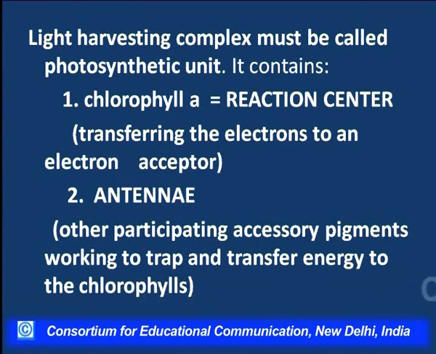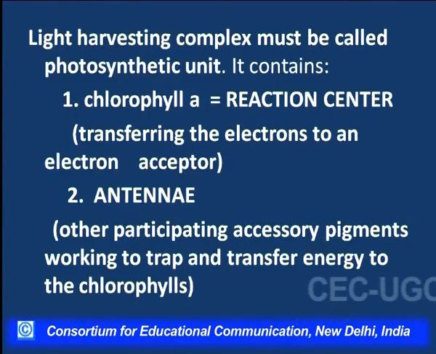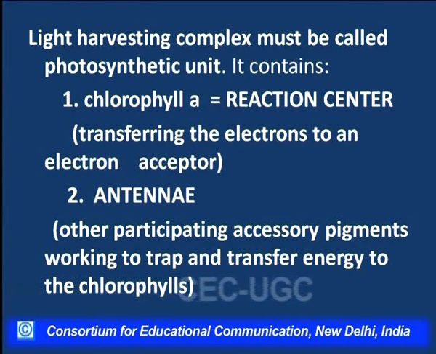They say that it is not in the form of a granule, or it is not just chlorophyll molecules. There are so many other ingredients also involved. So it should be called a light harvesting complex, and that should be the unit of photosynthesis, where chlorophyll A, which I have been telling right from the beginning, is the hero of the whole process, which is the reaction center, because it has to ultimately transfer the electrons to an electron acceptor in the electron transport chain.